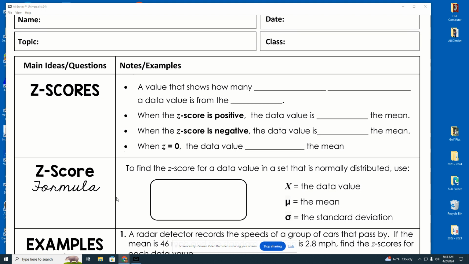Z-scores are basically something that allows me to understand how far, or how many standard deviations, a specific data value is away from the mean.